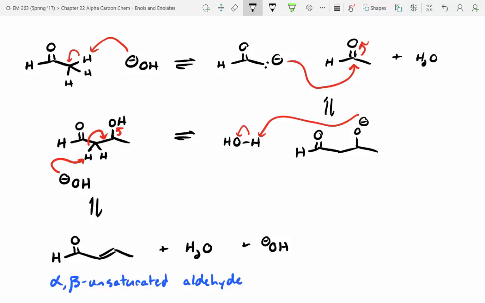Yep, so we're regenerating hydroxide, so it's treated as catalytic. So entropy would favor formation of the products or starting materials? Starting material. Entropy should favor the products, right? We're getting more moles out than we put in. So in this case, heat favors formation of the alpha beta unsaturated aldehyde.